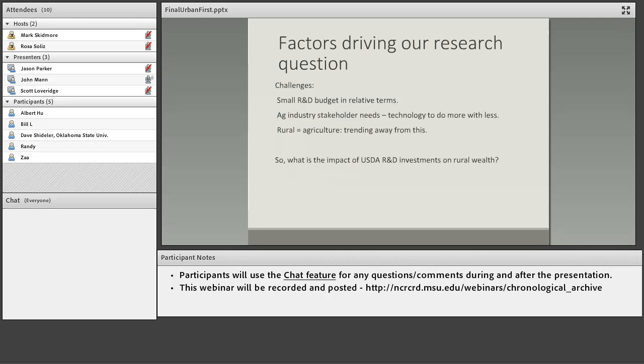Some of the factors driving this research, at least the primary research question we wanted to get to, are what's happening with the USDA R&D budget in relative terms to others. We're going to look at a couple of figures on that. Then there are the ag industry stakeholder needs and where USDA R&D has gone, which in many cases is towards technology to basically do more with less.